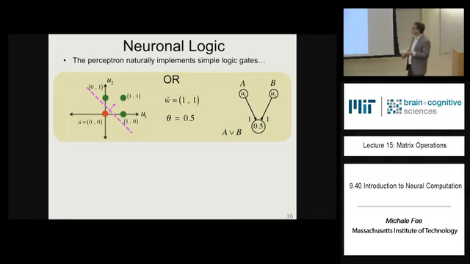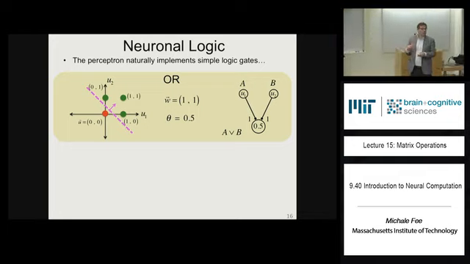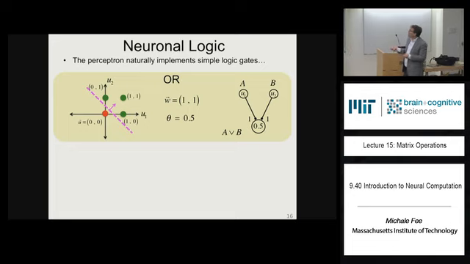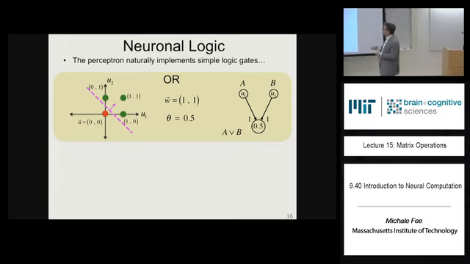Okay? Now let's see if we can implement an AND gate. It turns out that implementing an AND gate is almost exactly like an OR gate. What would we change about this network to implement an AND gate? What's that? A larger theta. Yeah, a larger theta.